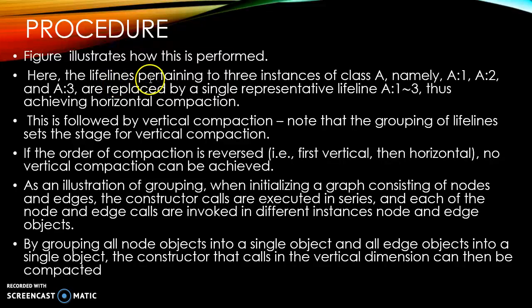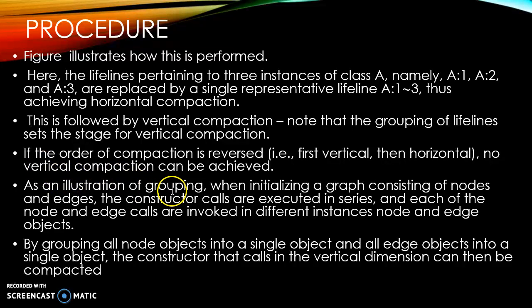Here the lifelines pertaining to three instances of class A, namely A1, A2 and A3, are replaced by a single A1 to 3, thus achieving horizontal compaction. This is followed by vertical compaction. Note that the grouping of lifelines sets the stage for vertical compaction. If the order of compaction is reversed, that is, first vertical and then horizontal, no vertical compaction can be achieved.